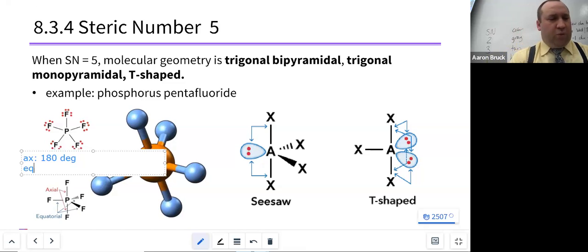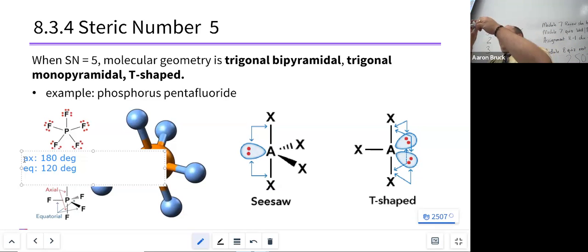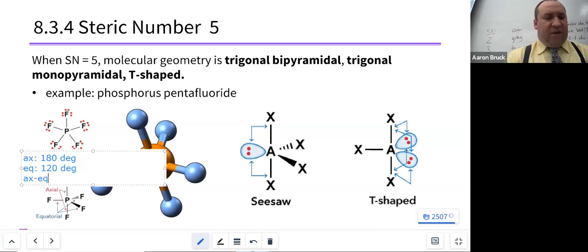The equatorial positions are 120 degrees apart. Again, makes sense. That's the trigonal planar part. Where it is different is where we have to consider how they are related to each other. And they are related to each other at 90-degree angles.